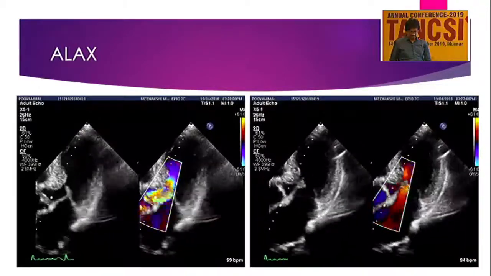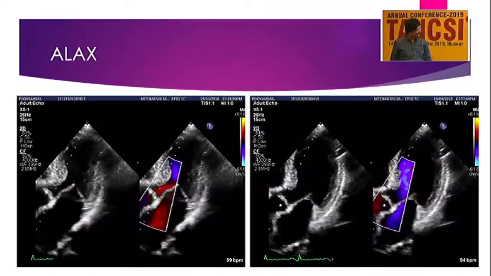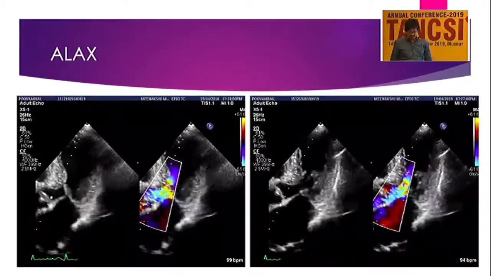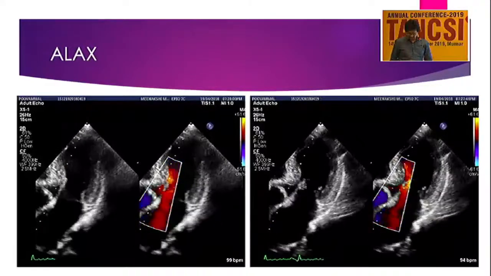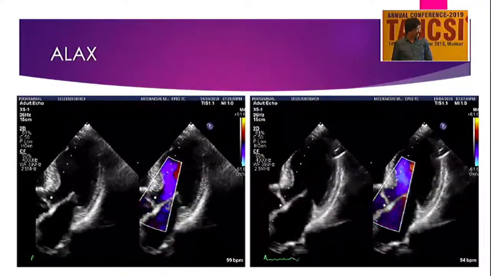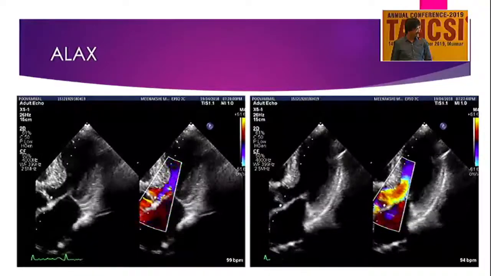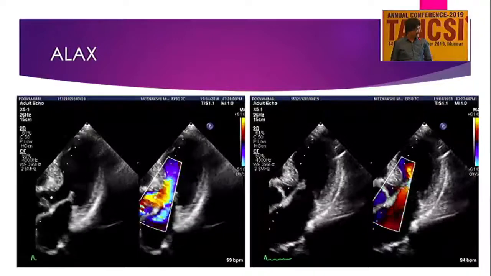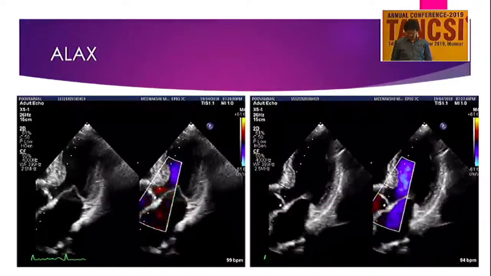There is hypercontraction of the basal septum, and also a possible evidence of systolic anterior motion of the mitral valve. It comes and touches the interventricular septum for a fraction of a second, and a mild LVOT turbulence is also seen.